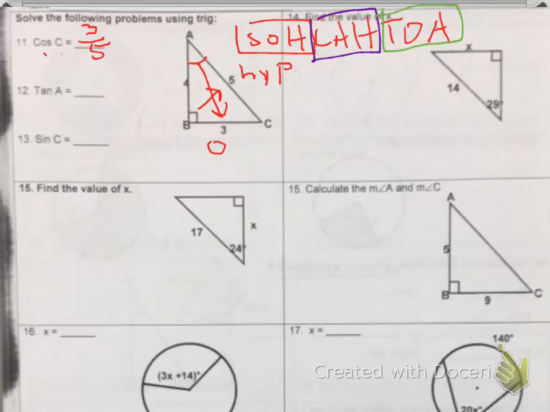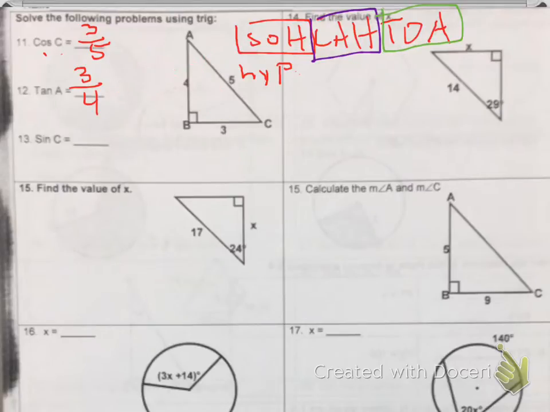Opposite that angle would be 3. For adjacent, I can't use the hypotenuse, even though it looks like it's adjacent, so my next option is 4. So I have opposite, adjacent, and that's the order I use when I write my fraction. So I go 3/4, and then I'm going to erase that again.